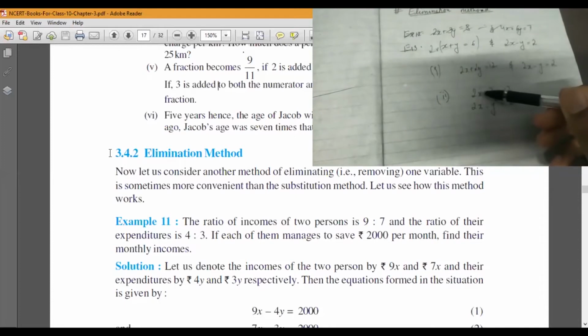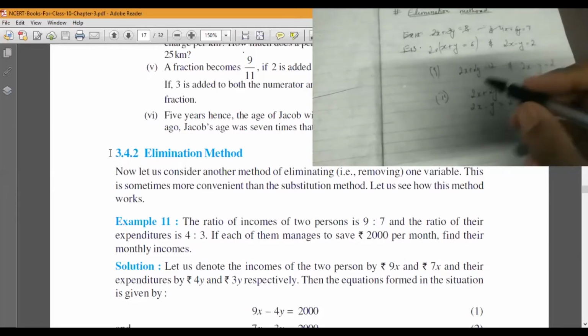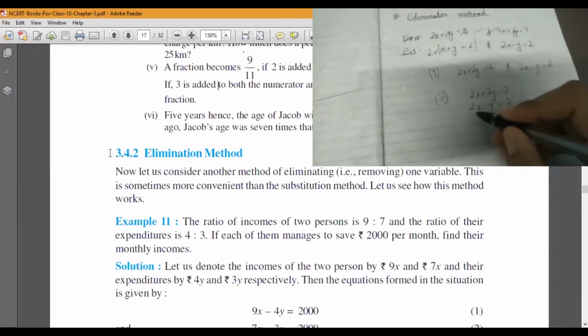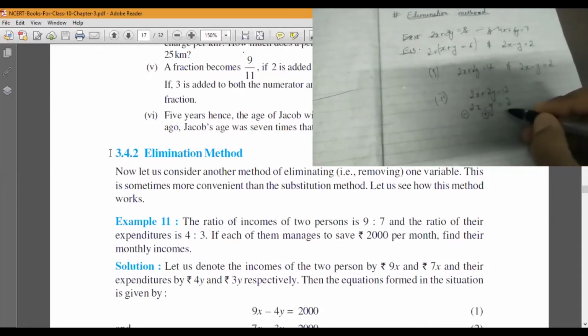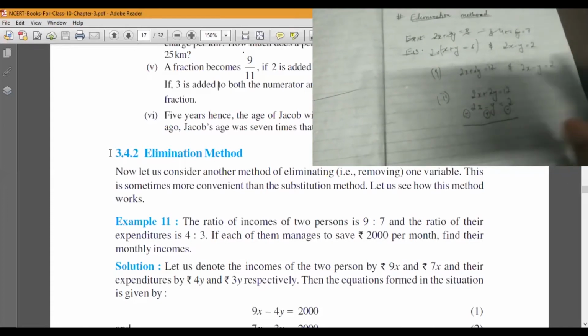Once you have made the coefficient of the variable equal, you can change the sign and get started to eliminate the variables. So here it is plus 2, I'll make it minus, then plus, and then minus. Now, why am I changing the sign? Actually, what we do in the elimination method is just subtract one equation from the other.